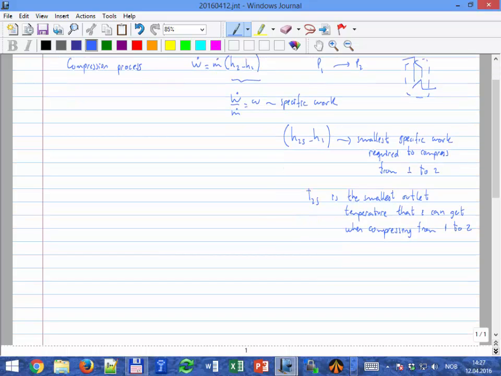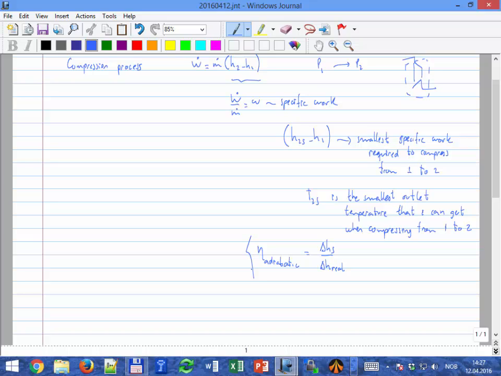And we also define one efficiency that we call adiabatic, which is delta H isentropic divided by delta H real. The problem with this efficiency is that it is a very nice concept, but this adiabatic efficiency doesn't follow a trend. It's difficult to relate it with the performance of the machine.